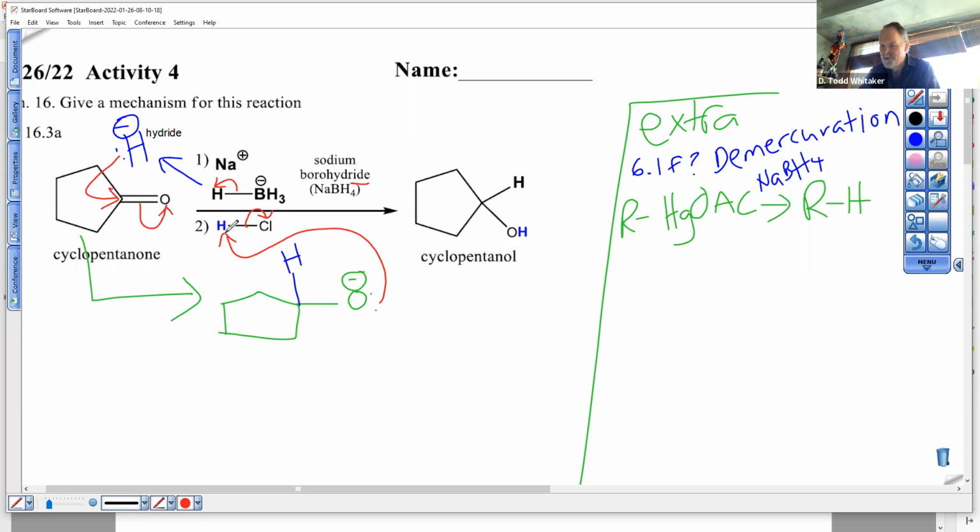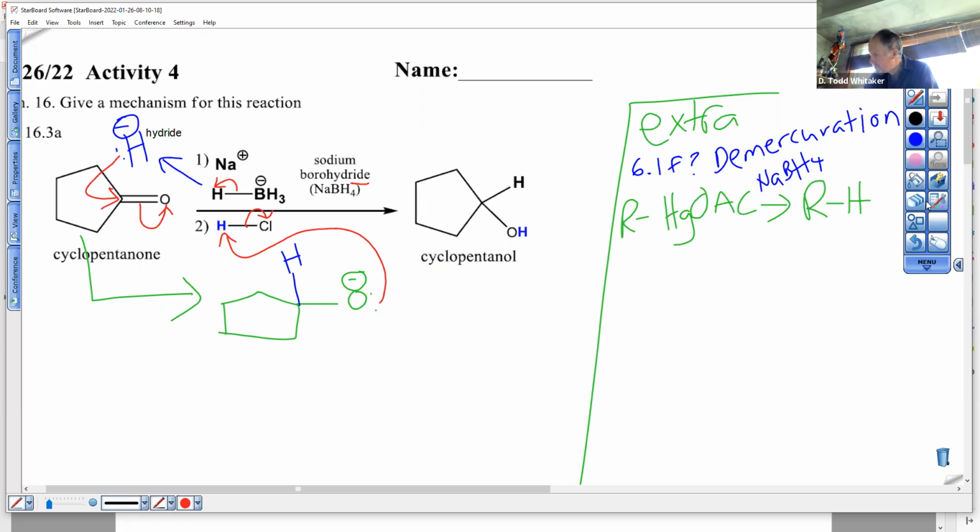You can't have them together in the same reaction. They react violently and create a very powerful explosion. You must finish the first step, wait for it to be finished. In the lab, you test to make sure it's finished, and then you add HCl. Your mechanism must reflect that. These 2 species are not together.